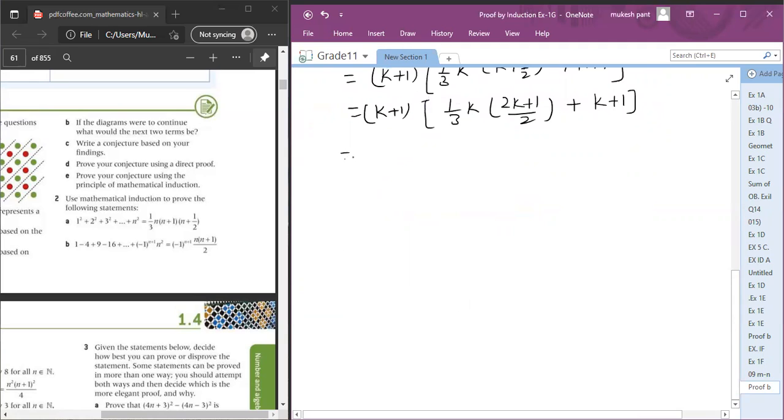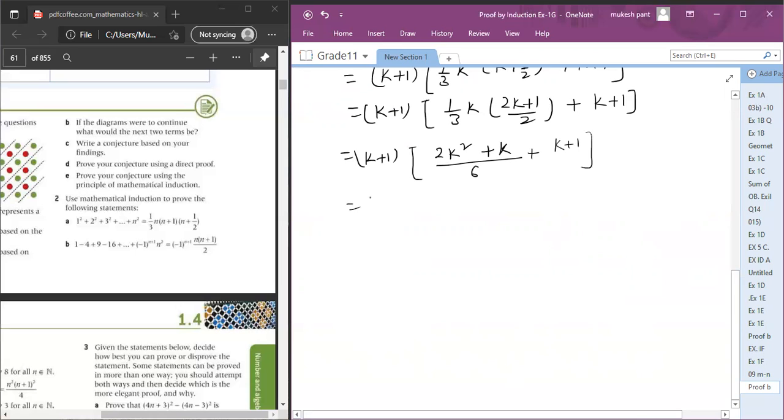So k plus 1 here, and this is k times 2k square, k times 1 is k, 3 times 2 is 6, plus this k plus 1.